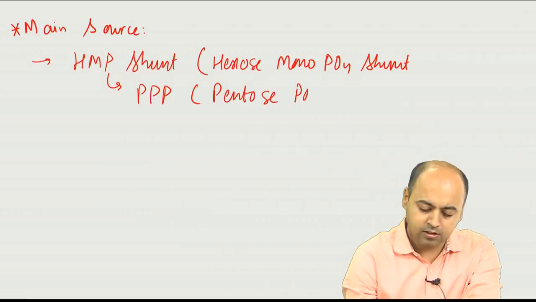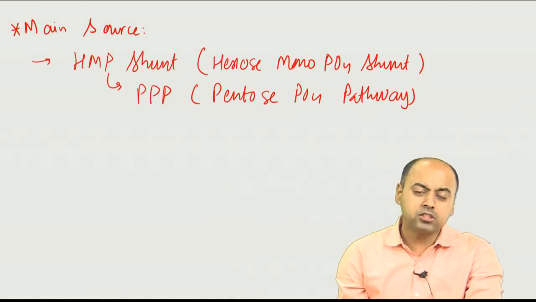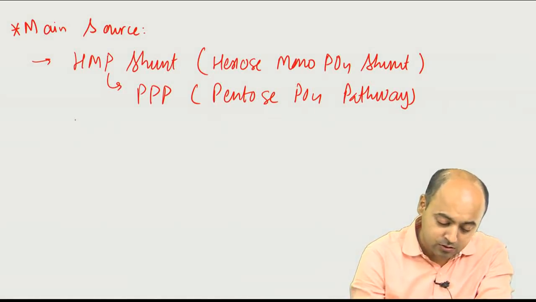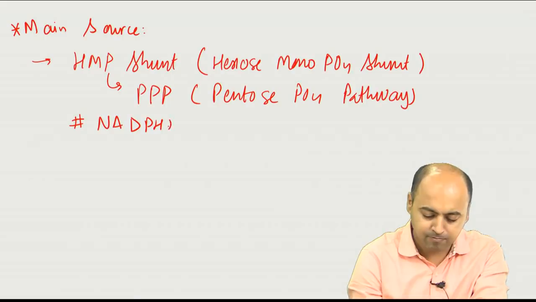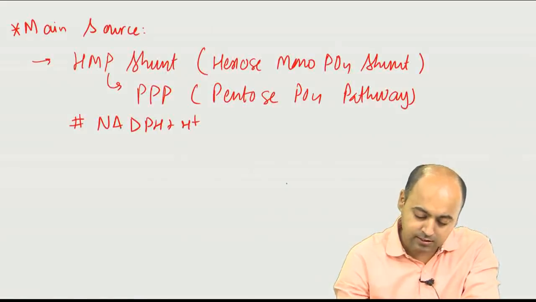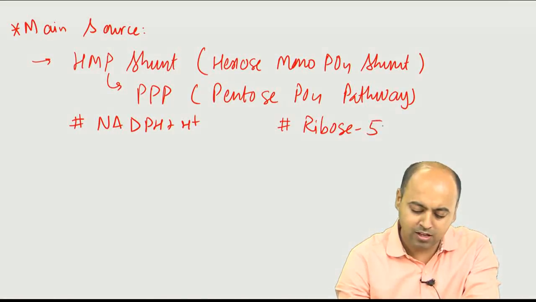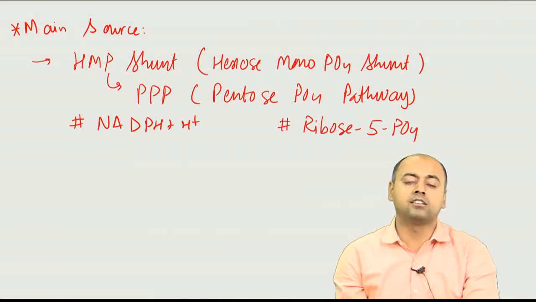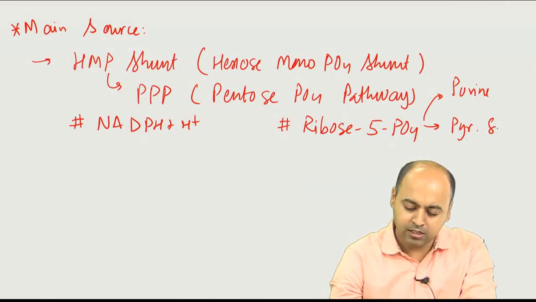Now this HMP shunt gives us two very important components. First, we already said, is the NADPH, and second is the pentose sugar, which is ribose 5-phosphate. The ribose 5-phosphate will be used for purine and pyrimidine synthesis.